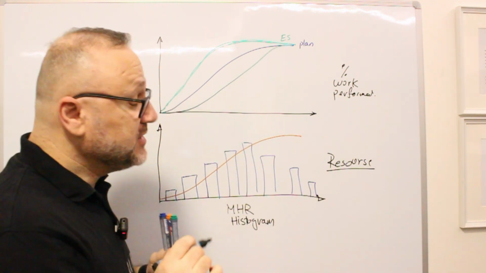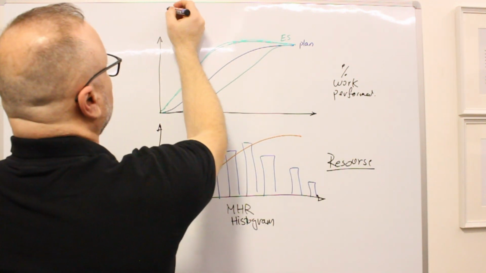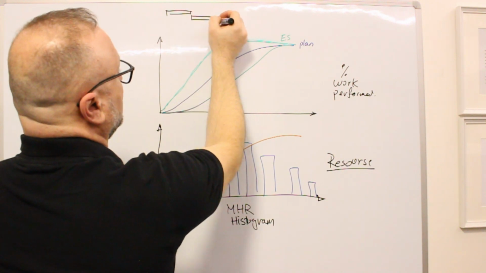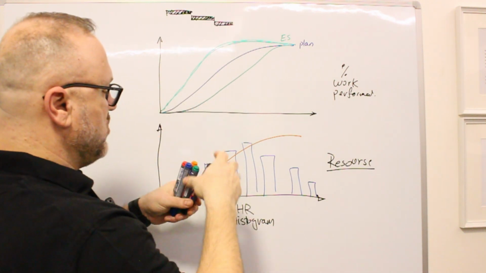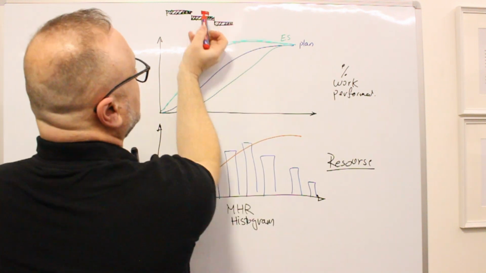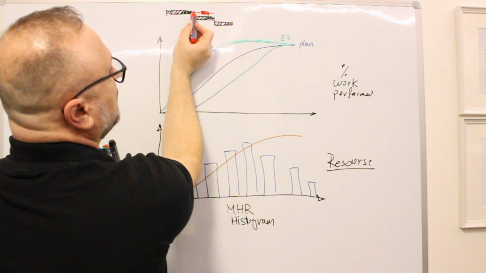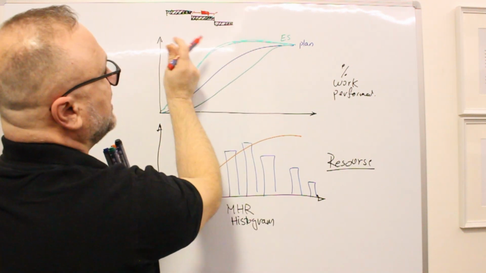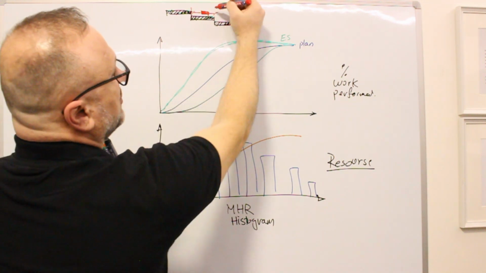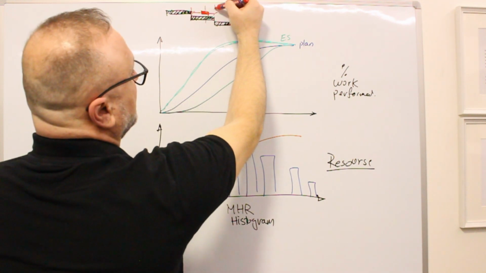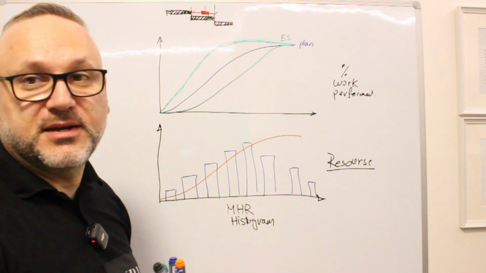To clarify this, if I have a Gantt chart of 3 tasks in the critical path and I have one task here, this task has some float in front and behind. This can be earliest start this way, or latest start can be here to finish on the same date.